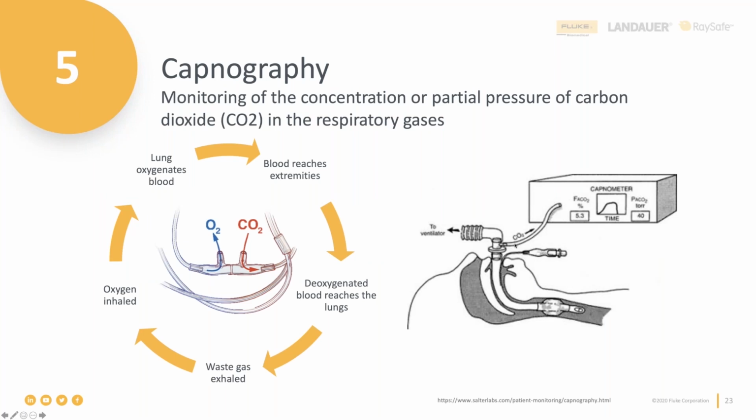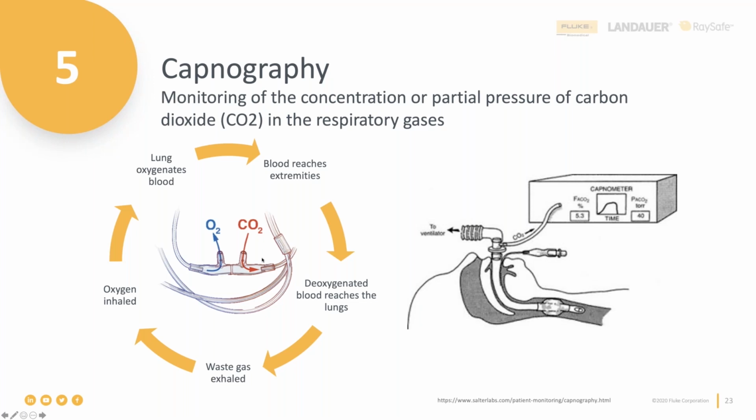If we think of SpO2 as how much oxygen got into the bloodstream, then end-tidal CO2, or EtCO2, would be how much waste gas is leaving the body. This answers the question, is oxygen being metabolized by the body? The human body metabolizes oxygen as shown in the diagram here, and I'll walk you quickly through this cycle.